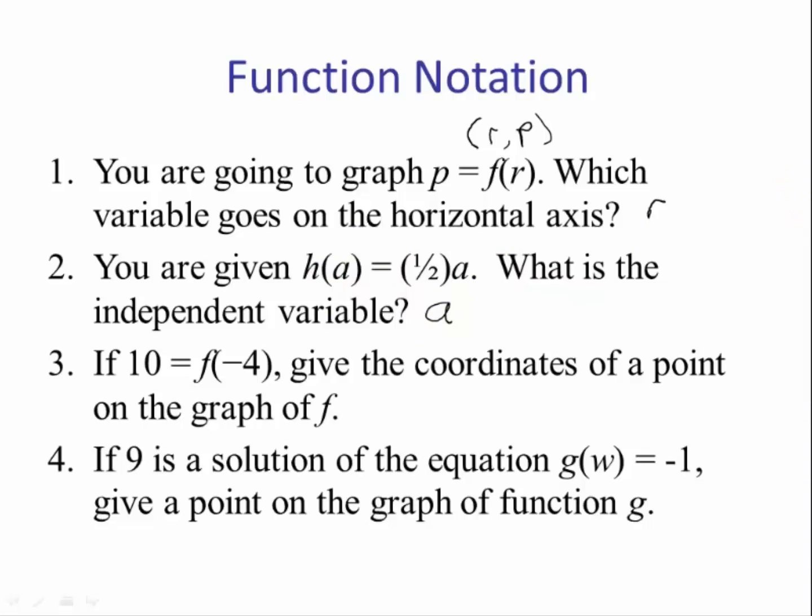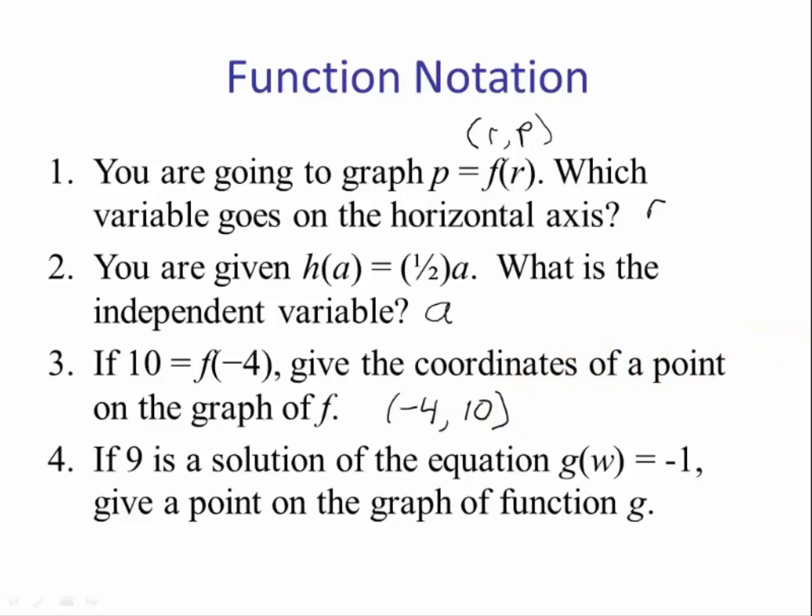Number 3, if 10 equals f of -4, give the coordinates of a point on the graph of f. Well, here we have an input -4 and the output is equal to 10, so that point would be on the graph.